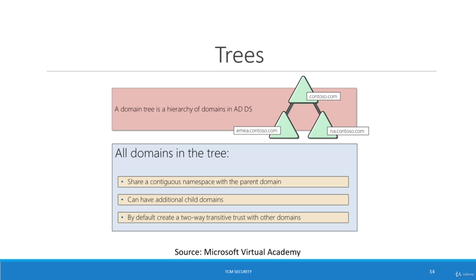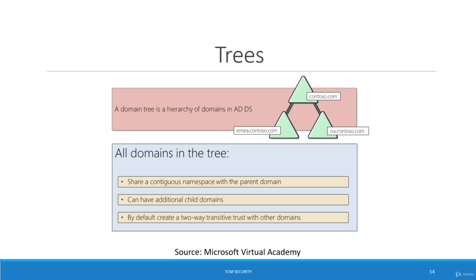We also have what are called trees. Now, trees are a group of domains, and they're kind of in this hierarchy. So you see, again, we have this example of this contoso.com. Well, what if contoso.com is the big namesake, and then we have two child domains? So we've got a parent domain, and then we have two child domains.